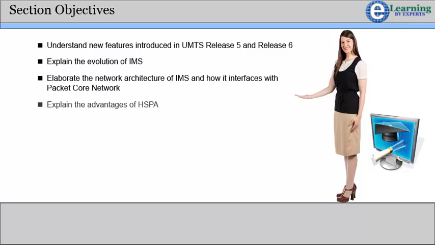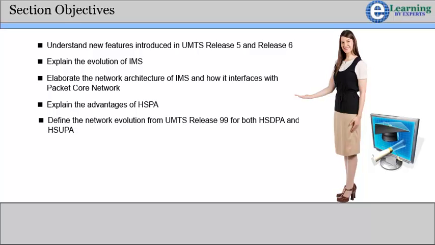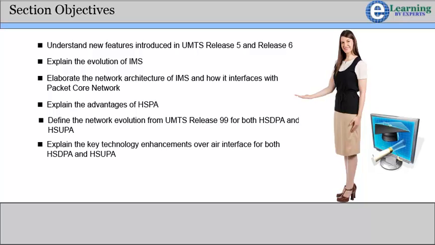Explain the advantages of HSPA. Define the network evolution from UMTS Release 99 for both HSDPA and HSUPA. Explain the key technology enhancements over air interface for both HSDPA and HSUPA.